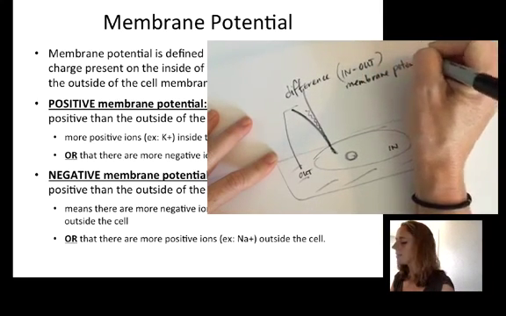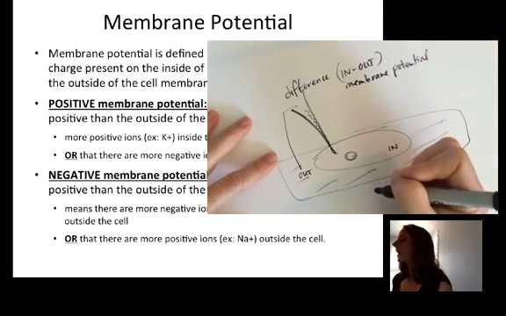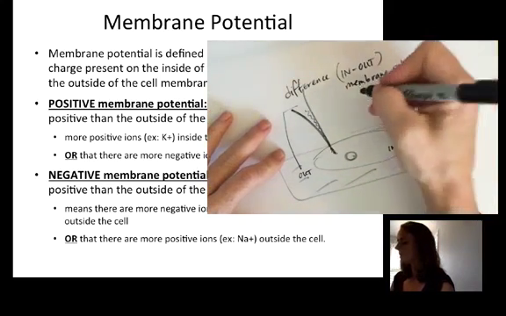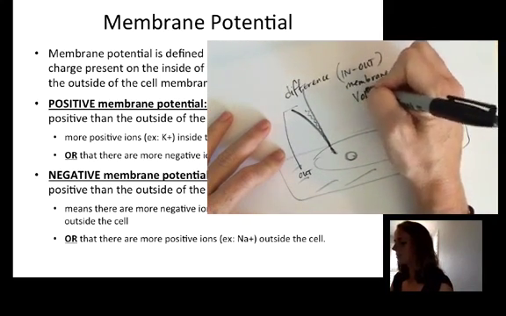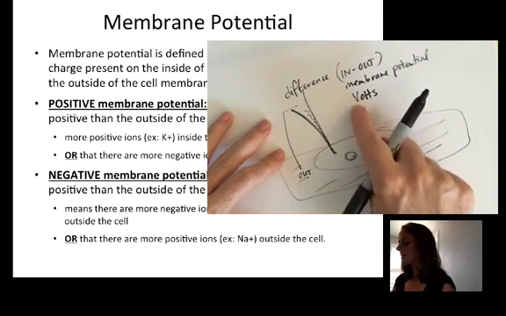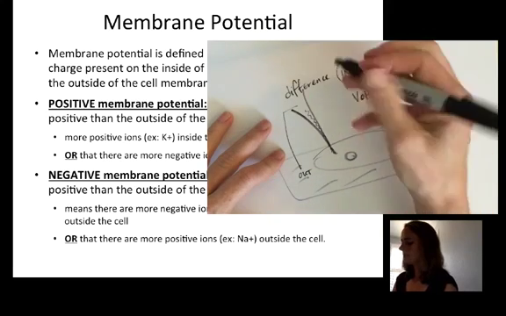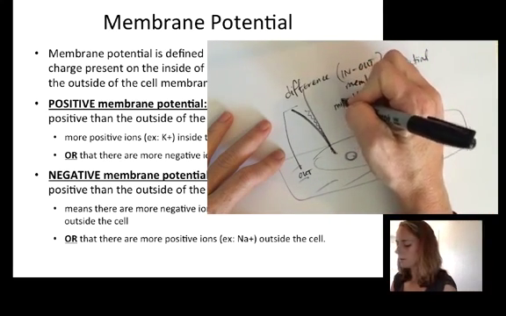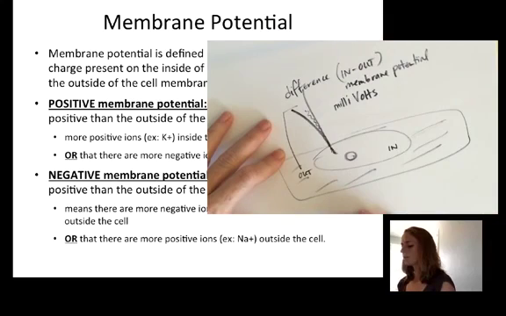Just like the electrical activity in your house, we measure this in voltage, but these are really tiny cells. So rather than large volts, we're going to measure it in tiny volts or millivolts.